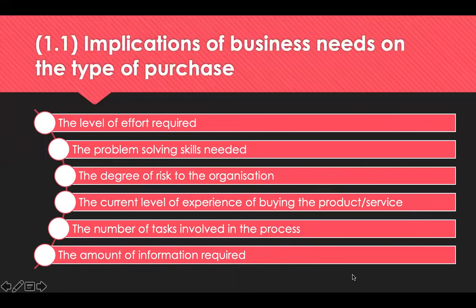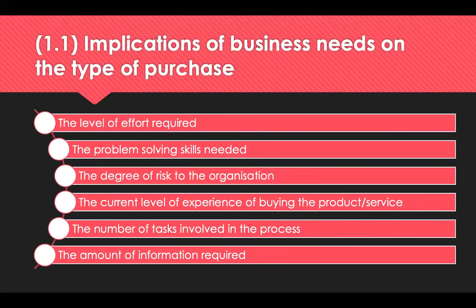And here are just some examples of the implications of the 3 types of purchases that we discussed before. So compare the level of effort required with a straight rebuy and the potential level of effort associated with a new piece of highly expensive equipment.